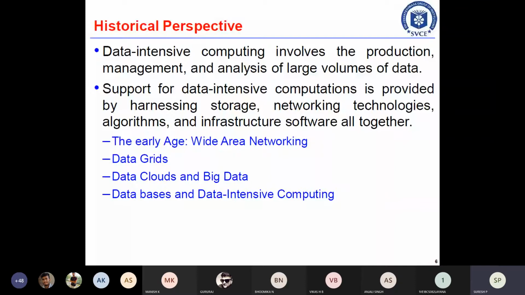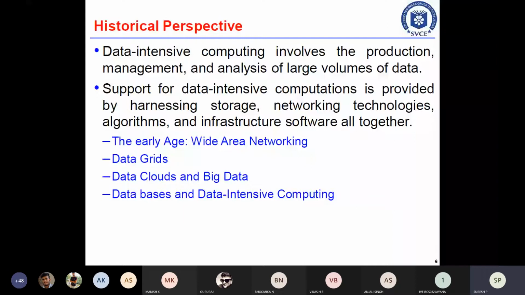Support for data intensive computations is provided by different technologies like storage, networking technologies, algorithms, infrastructure, and software, all combined together.